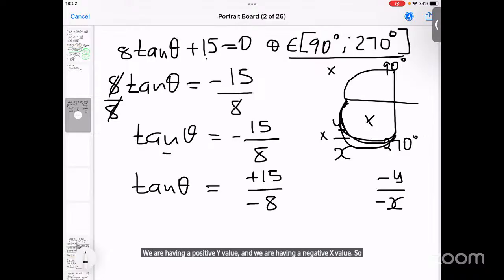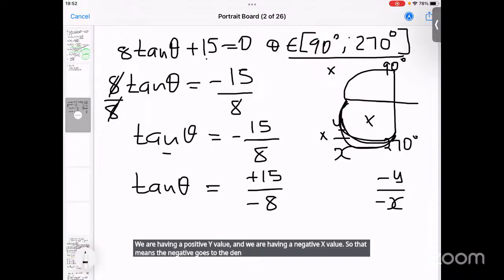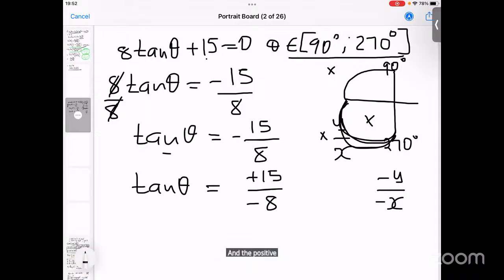So the negative goes to the denominator and the positive goes to the numerator, where you will have your right-angled triangle with your y side being 15 and your x side being negative 8. Then you will easily use the theorem of Pythagoras to find that side.